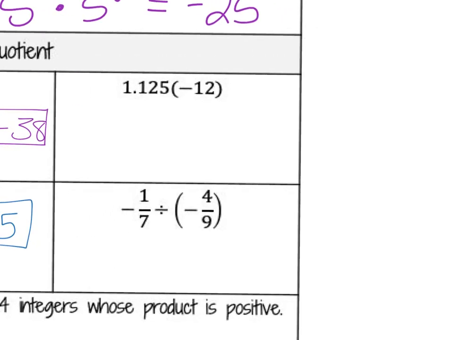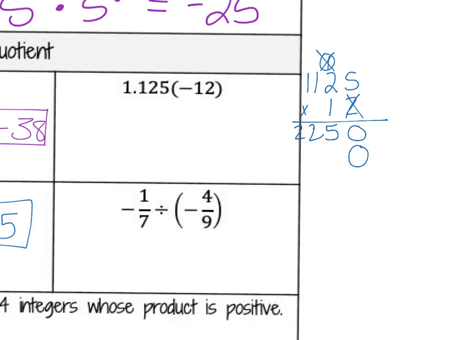Okay, multiplying decimals. Remember that we pretend like the decimals are not in there. So 1, 1, 2, 5 times 12. Okay, 2 times 5 is 10, carry the 1. 2 times 2 is 4, plus 1 is 5. 2 times 1 is 2, and 2 times 1 is 2. I'm done in the ones place, so I'm going to put a 0 in the ones place.